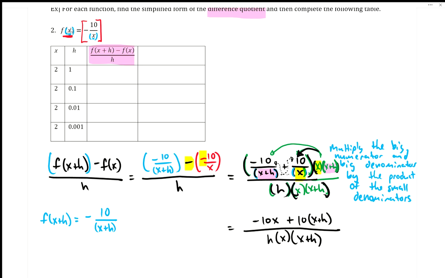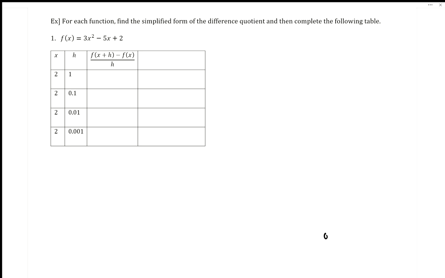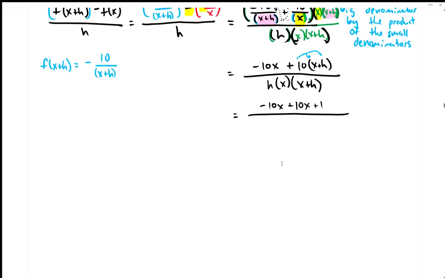Okay, so whichever method you like is fine, as long as we get to here. And then we would distribute. Okay, so the positive 10 multiplies each of those. Big fraction bar. So we have negative 10x plus 10x plus 10h. Whoop, I pushed a button. Let me scroll.